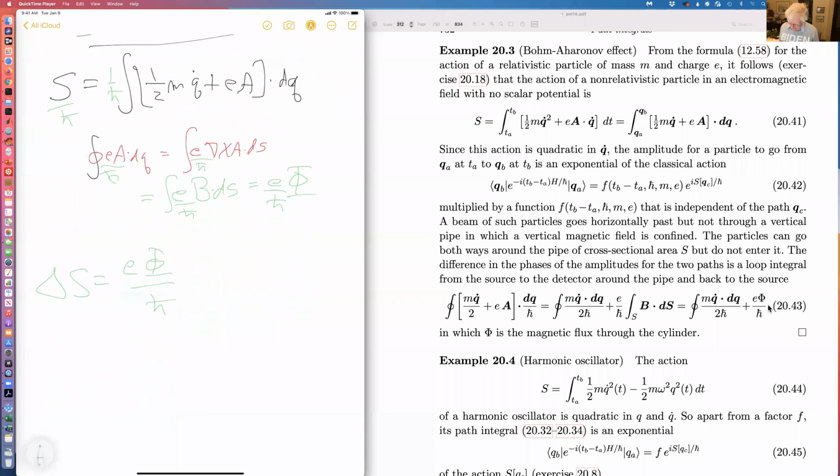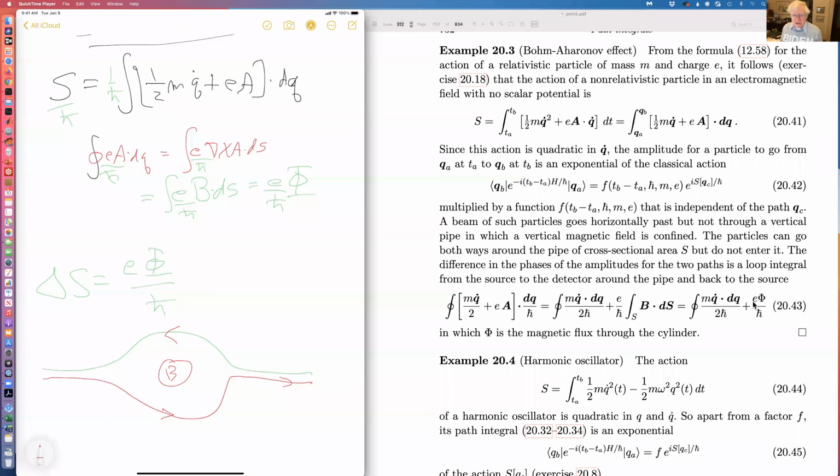Now, of course, typically the paths don't go around the solenoid, but on the other hand, you can imagine a path that goes like this, and then another path that goes like that. And the difference between these two paths would be this path, and you go the opposite way to take the difference, and so it would be an integral around the solenoid, which is here.